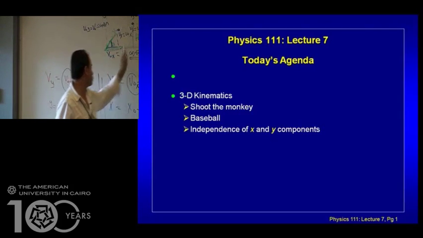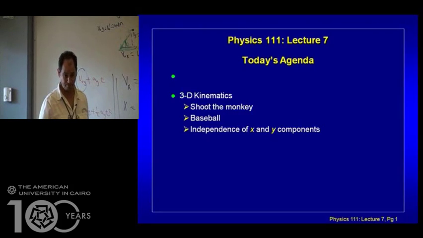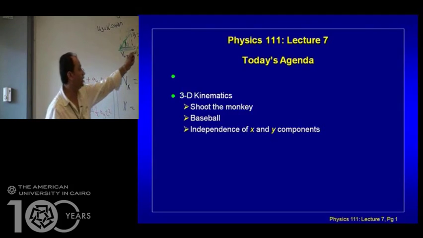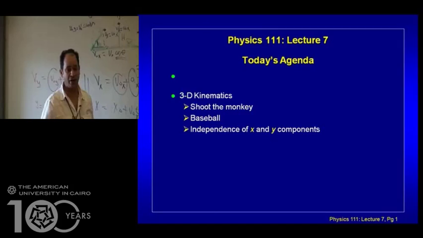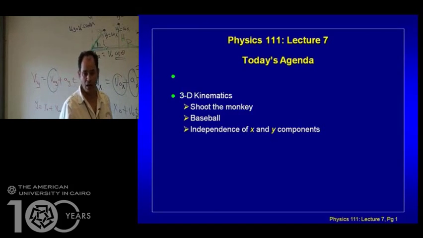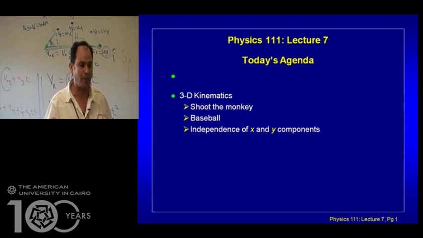And those two depend on the initial velocity and the angle theta. Okay, guys? So now I will try to find an equation for the maximum height and another equation for the range. And this is not a proof, this is just a problem.